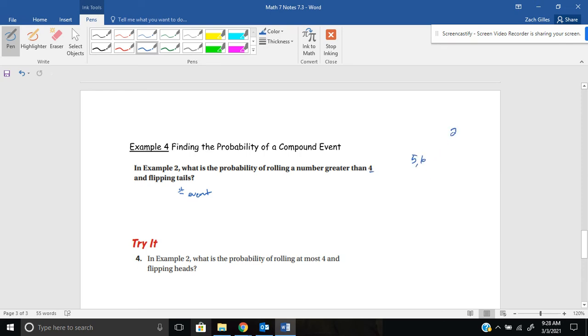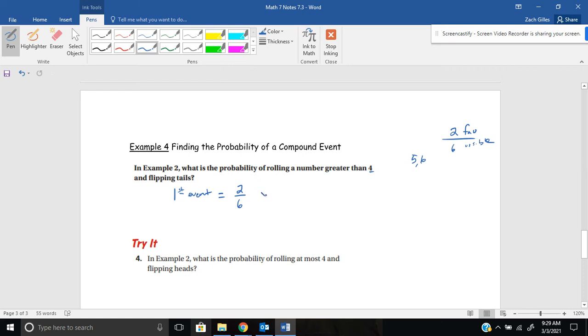So I have 2 favorable outcomes over how many total sides on the dice? Well, that's 6 sides. Right? So that's 2 out of 6. So my first event, the probability that I'll roll a number greater than 4 is 2 out of 6, or 1 out of 3, same thing.